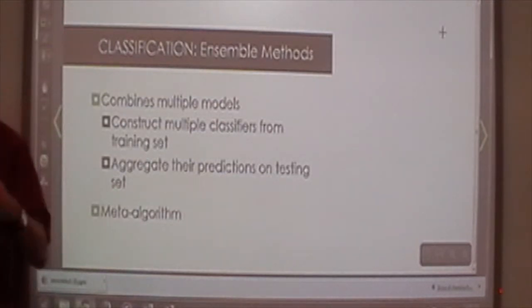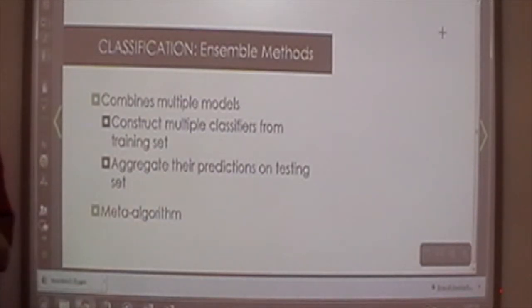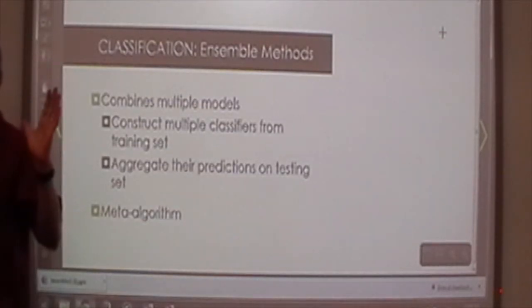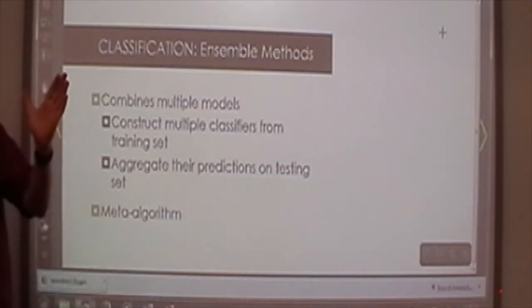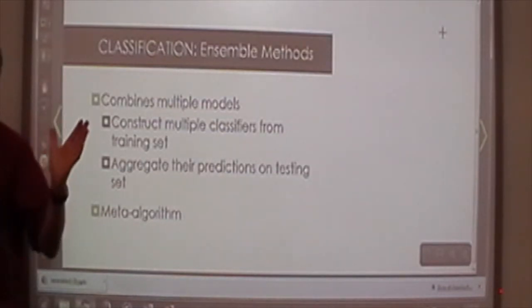We moved on to rule-based classifiers, and I can't remember what we did next. Did we do support vector machines right after that? Artificial neural networks. And, well, we talked about Bayesian classifiers as well.